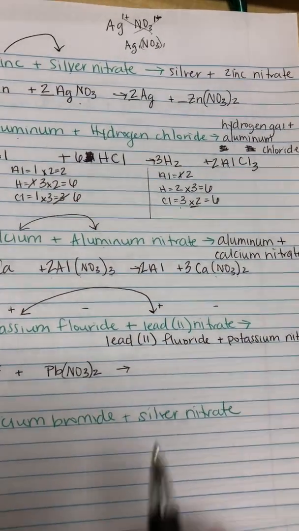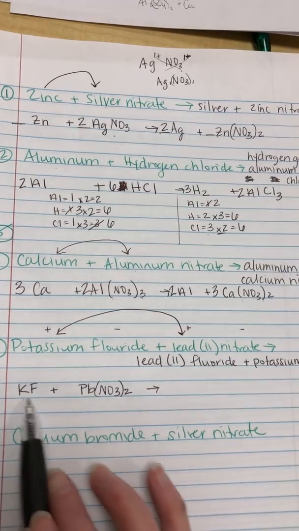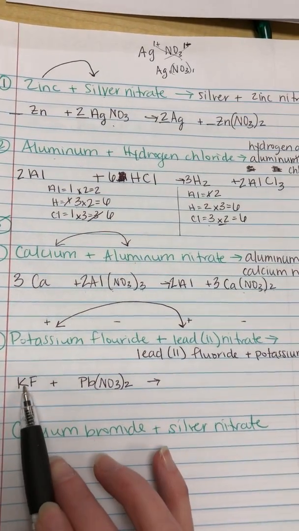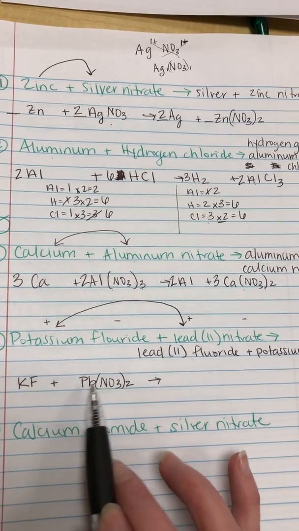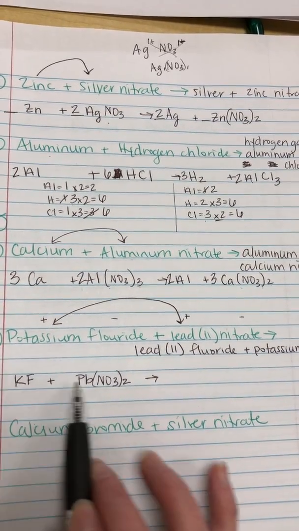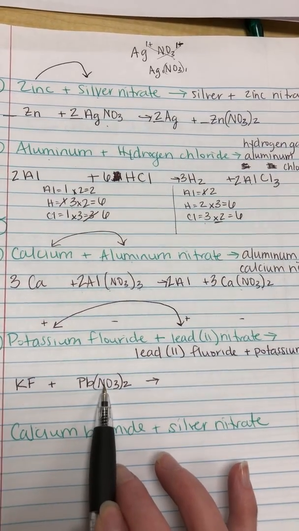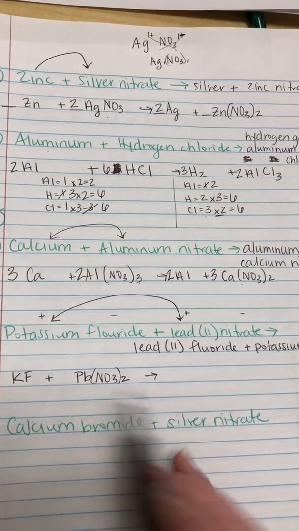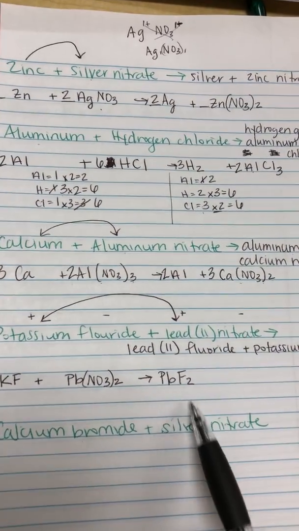Then I'm going to write my next formulas. If you want to work it this way where you've written your formulas first, I'm doing the same thing. This has 2 elements, so I know it's double replacement because this also has 2 elements. I'm just swapping my positive cations. So my potassium is going to come over here with my nitrate, my lead is going to come over here with my fluoride. Don't forget your lead.